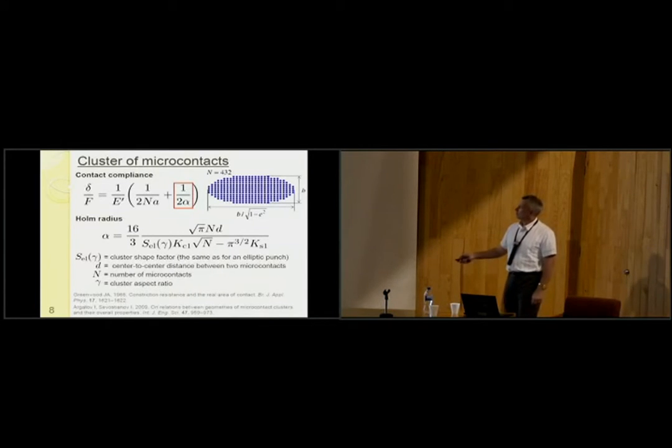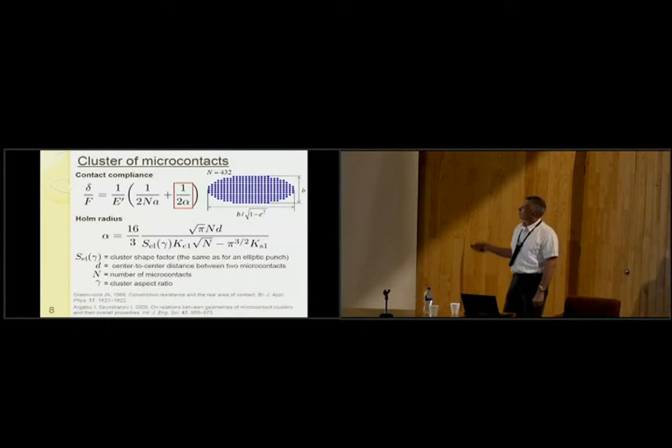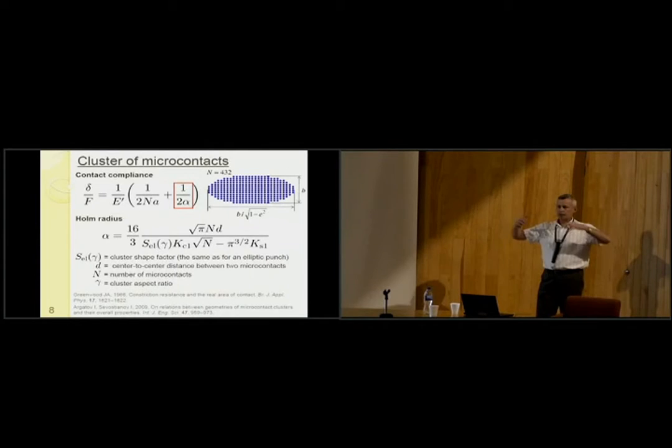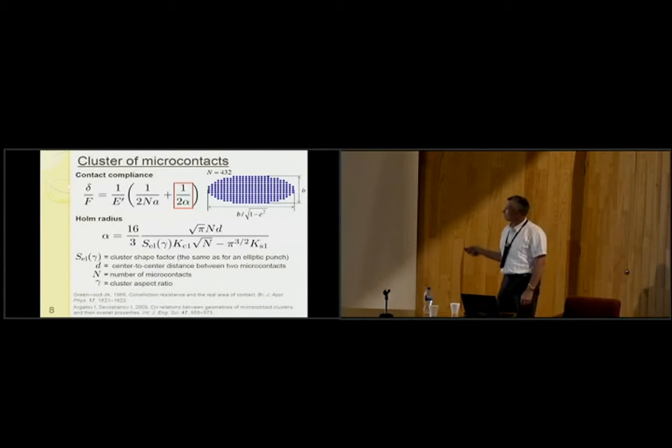Greenwood considered the concept of Holm radius. Holm was a German electrical engineer who considered a cluster of microcontacts and described the contribution due to interaction between microcontacts in terms of the Holm radius.